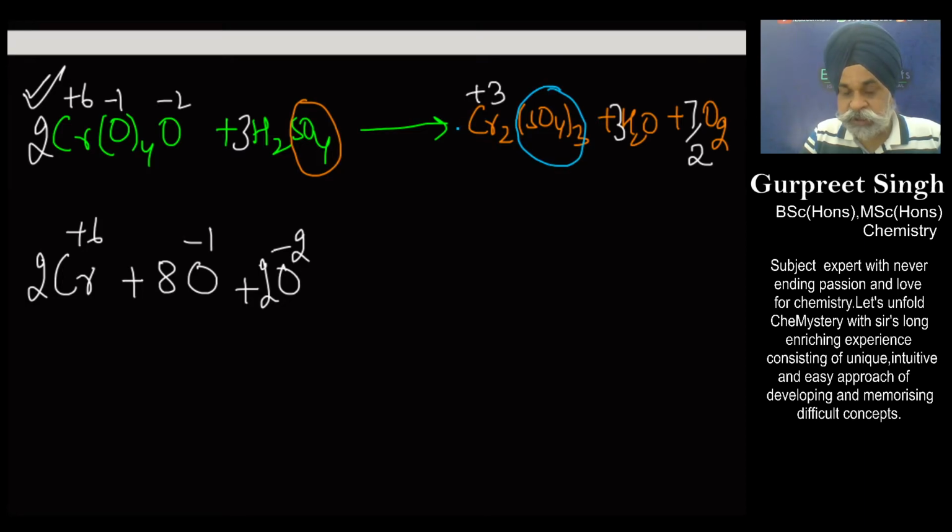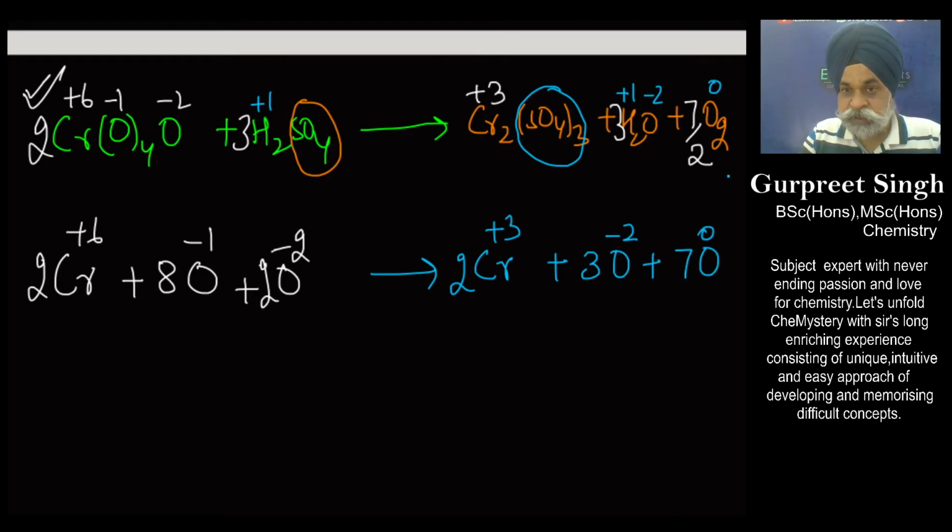So there is no oxidation change in the case of sulfate, as well as in the case of hydrogen. The 6 hydrogens are in +1 oxidation state. Here you have -2 and 0. So basically, if I show it like this, there are 2 chromiums of +3, and there are 3 oxygens of -2 and 7 oxygens of 0 oxidation state.